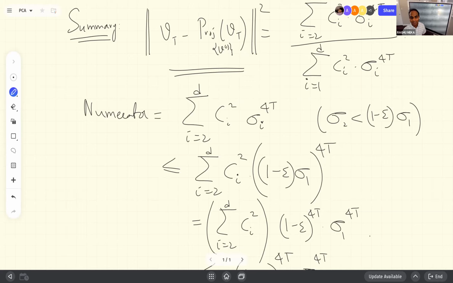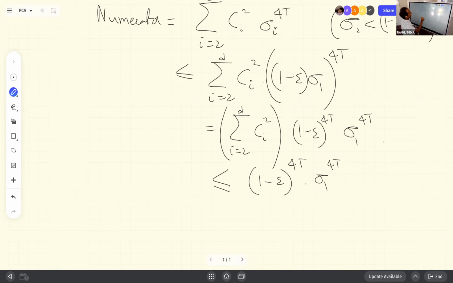Well, we are not necessarily done, because maybe the denominator is also decreasing, right? The only difference between the two is starting at 2 versus starting at 1, meaning you're taking the contribution of the first singular vector into account or not.